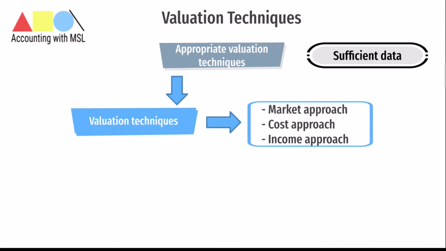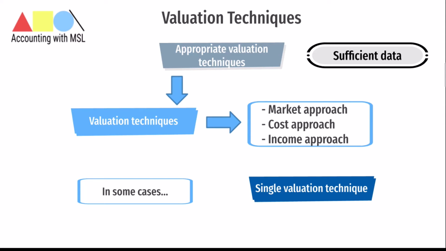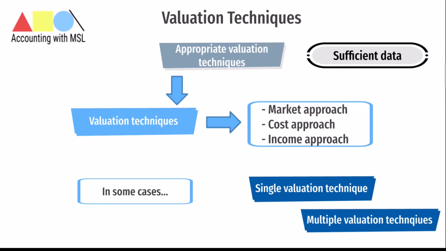Let me mention here that in some cases, there could be a single valuation technique which will be appropriate, whereas in others, you could have to combine multiple valuation techniques to arrive at your fair value. So take note, you could use either market approach alone, cost approach alone, or income approach alone, or in some cases, you have to combine a number of these.